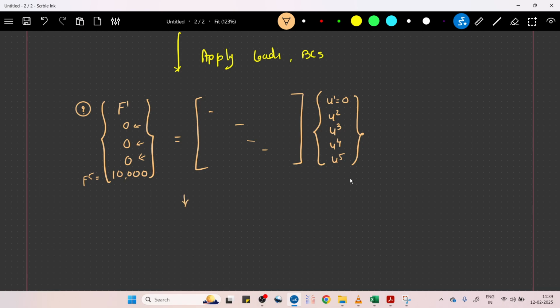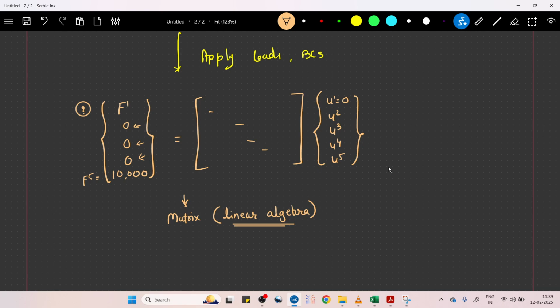If we solve this matrix using linear algebra, a computer solves it in a different way. A computer has solvers.